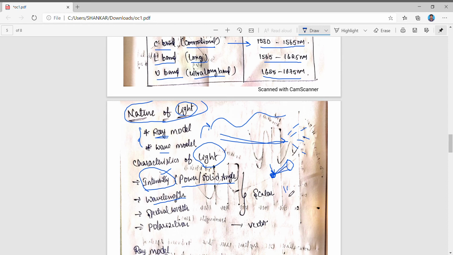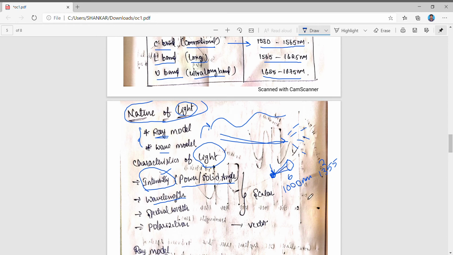1000 nanometer has an attenuation of 6 dB, while another wavelength of 1355 nanometer has an attenuation of 2 dB. So which one has the lower attenuation here?